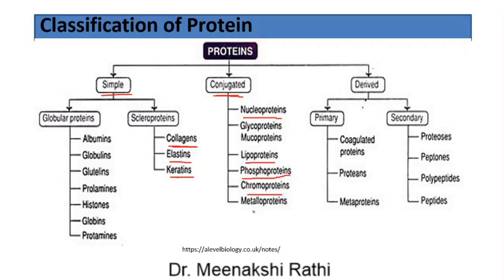These proteins contain metal ions such as iron, cobalt, zinc, copper, magnesium, etc. Examples are ceruloplasmin, in which copper is present, and carbonic anhydrase, in which zinc is present as a prosthetic group. The third type of protein is the derived protein. The derived proteins are of 2 types, primary derived proteins and secondary derived proteins.